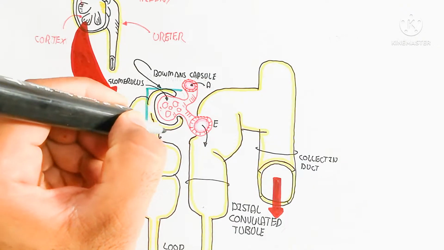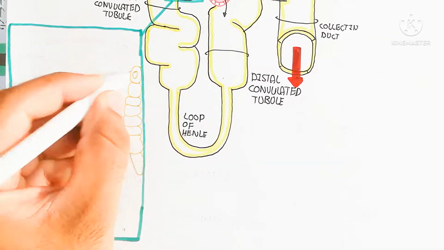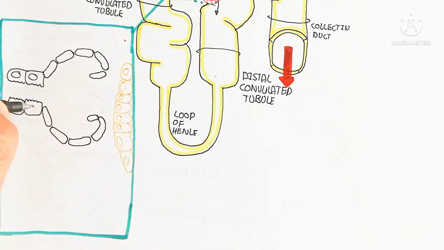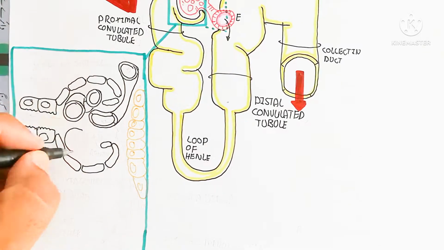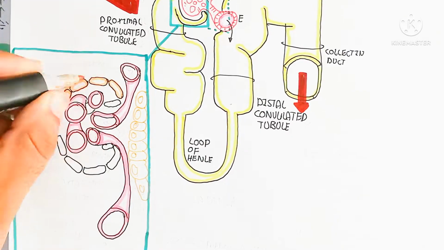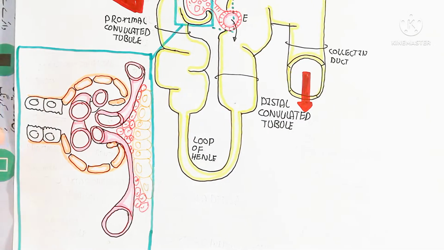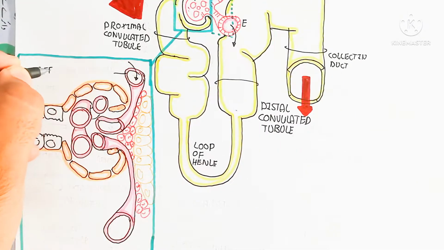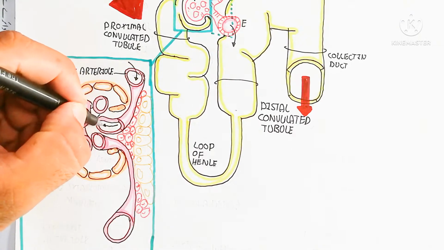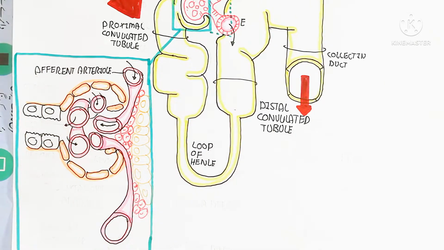So remember, this distal convoluted tubule is attached to the glomerulus, afferent and efferent arterioles, and passes around here. Here is a bigger picture of the glomerulus with the Bowman capsule. The blood supply toward the glomerulus is known as the afferent arteriole, while the blood leaving toward the vasa recta for reabsorption is known as the efferent arteriole.